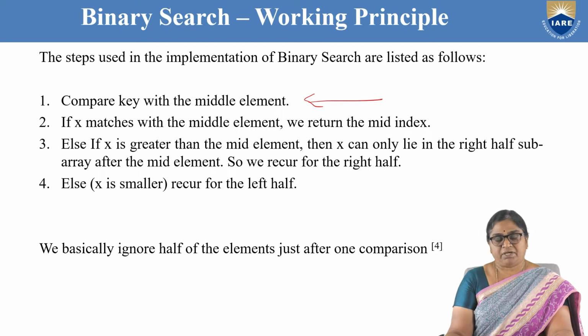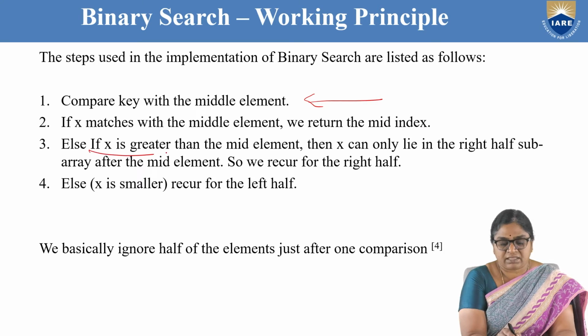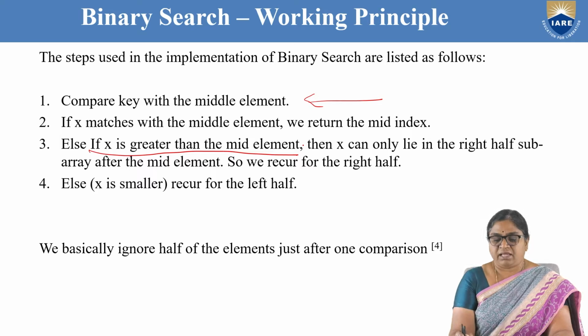If that middle element matches the key element, then return the index of that middle element. Otherwise, you check whether the given key element is greater than the middle element or less than the middle element. If x is greater than the middle element, then x lies on the right hand side of the sub-array, after the middle element.